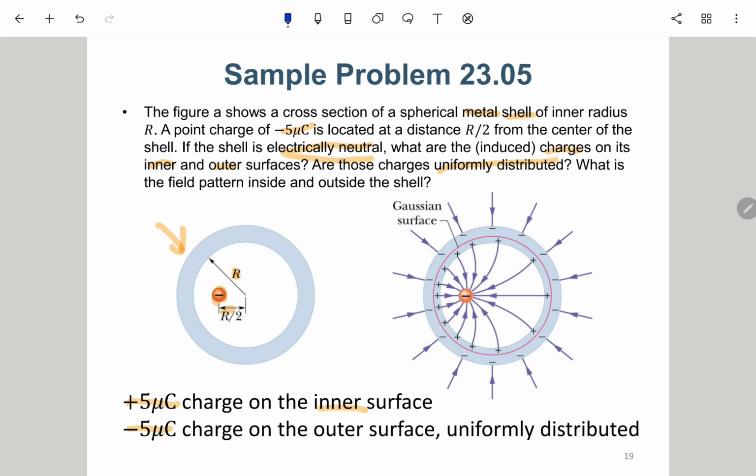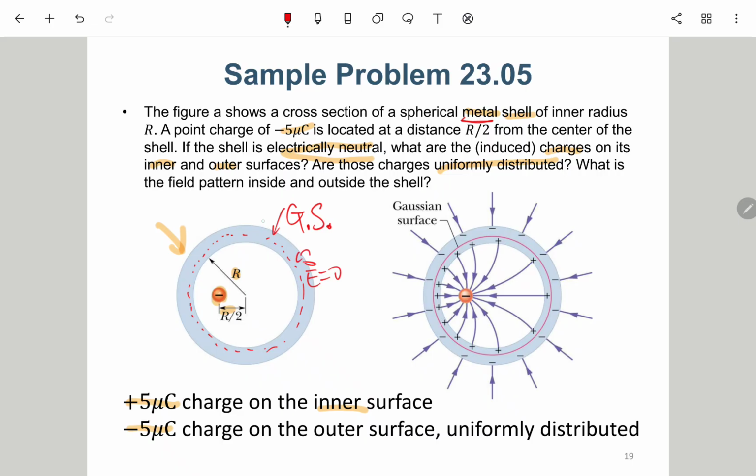We can assume a Gaussian surface inside the shell. This is the Gaussian surface we assume. As I mentioned, this is a metal shell, and metal is a type of conductor, so the E field inside the conductor must be 0.